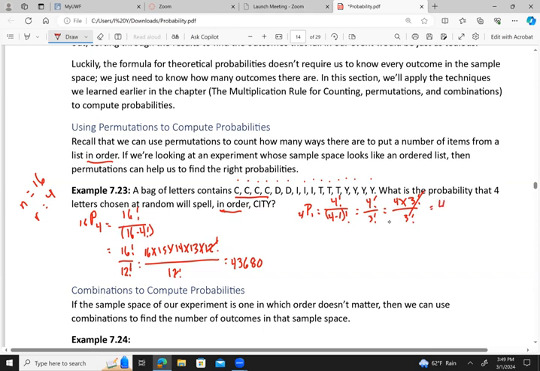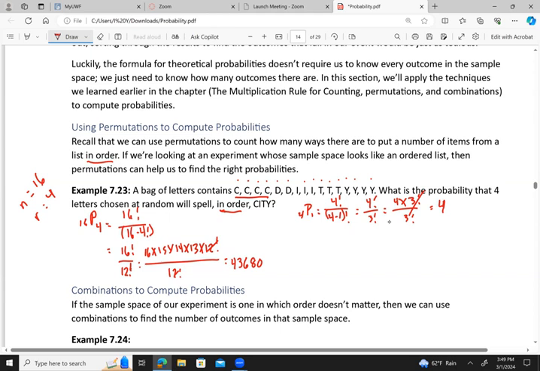Now you'll see this: when we were choosing 1 from 4, there are 4 possibilities. So anytime you're choosing 1 from any number of items, it's going to be that number of items in possibilities.